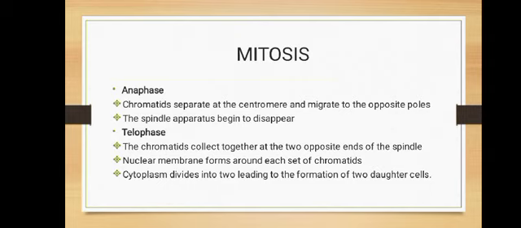So at the end of the telophase process, the nuclear membranes form around each set, and the cytoplasm divides into two, leading to the formation of two daughter cells.